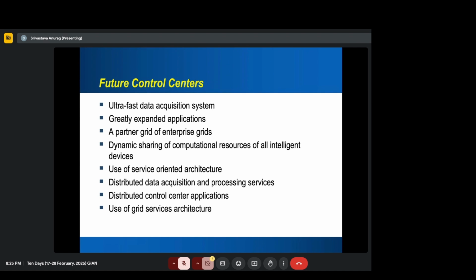So how will the future control center look? Of course, we want a very fast data acquisition system, right? And then greatly extended applications, because there is new software running on it.